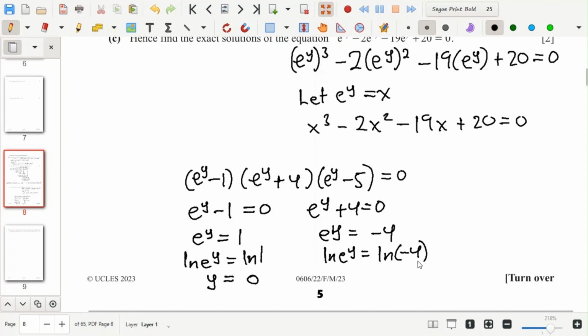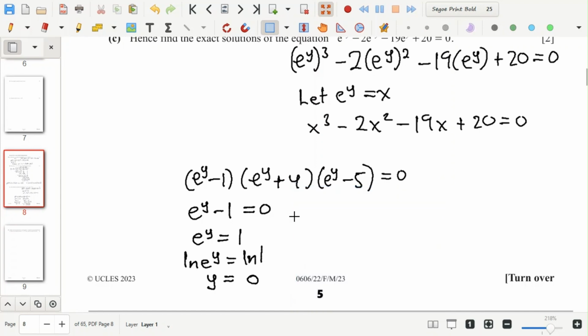So here your argument is negative, so you can't solve this one. So no real solution. In fact, if I'm the one solving this, I will not even start. I will not even solve this at all, because you don't get any mark for it. It's just a waste of time. So if you can see it from scratch, please don't tackle it.